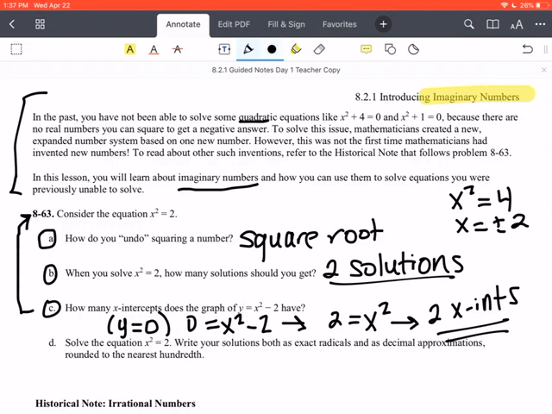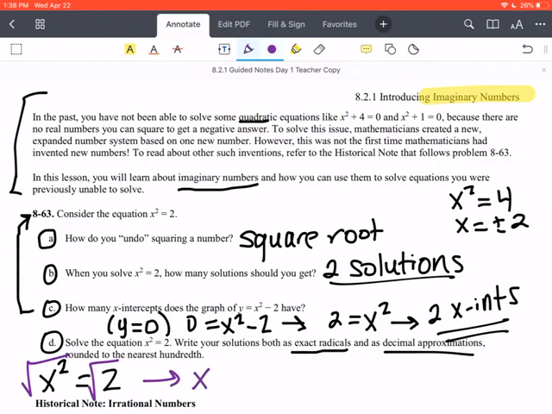Now let's go ahead on D and solve the equation x squared equals 2. It says to write it as both exact radical, remember another word for radical is root, and decimal approximations. So when I solve x squared equals 2, we've said that you square root both sides to undo the square, but when I square root a number, I need to consider my plus or minus case. So x equals plus or minus the square root of 2. This is exact radical form.